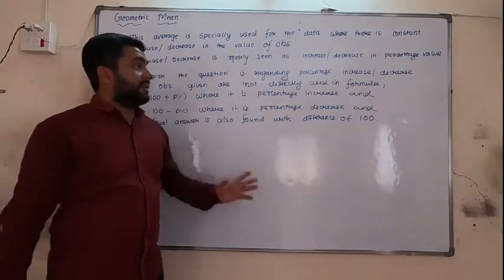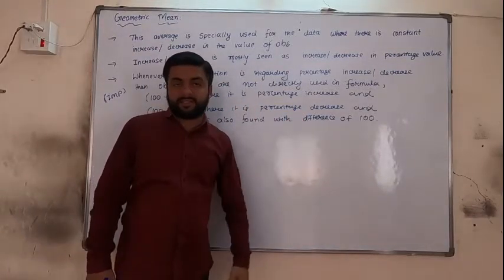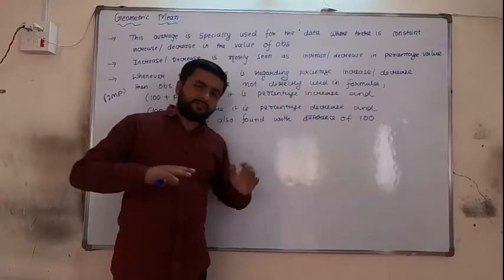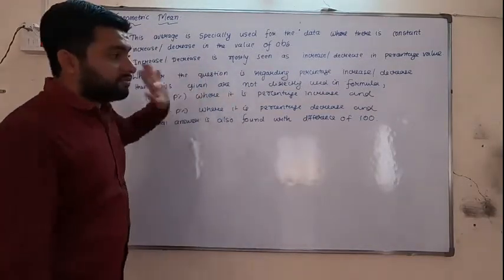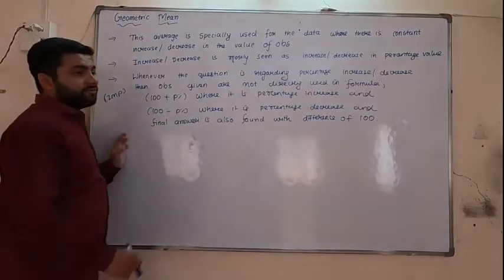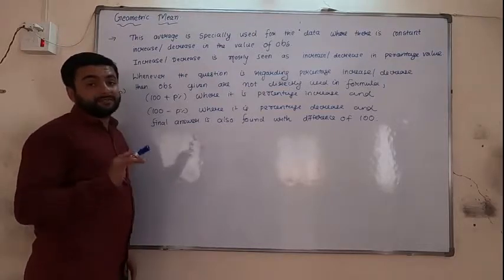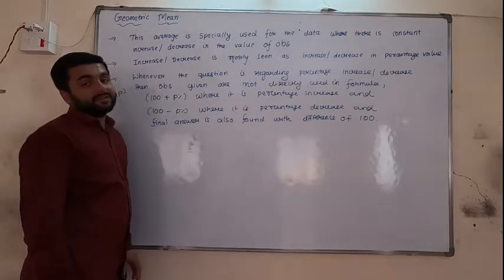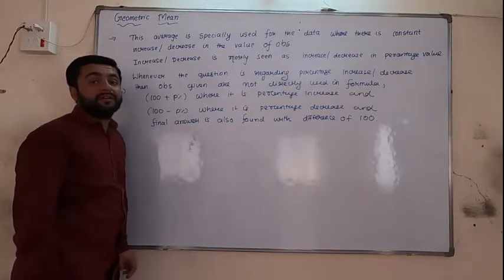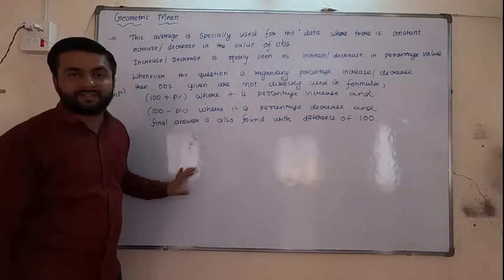But when the question is specially about percentage increase or decrease, do not use them directly. If 6% is given, don't write 6, write 100 plus 6, that is 106, because it is increasing. Where 10% decrease is given, don't write 10, write 90.